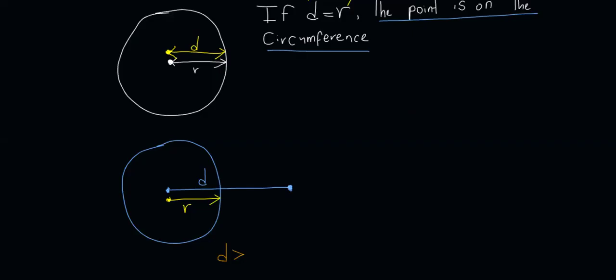If the distance, with a small letter d, is greater than the radius, it means the point is outside the circle. The point is outside the circle.